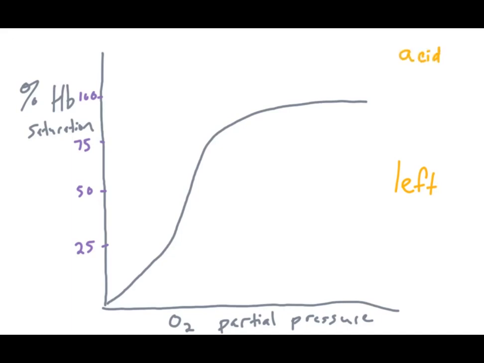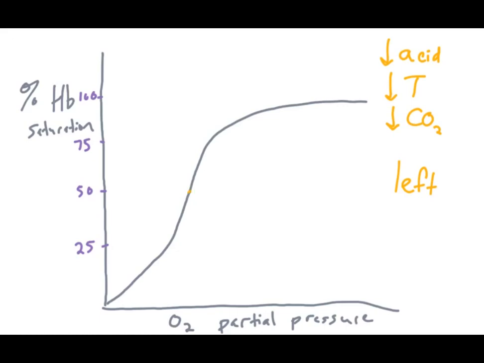So I had acid listed. So if acid goes down, if we become more alkaline, if temperature now falls, maybe a person is hypothermic, if CO2 levels drop. Those are all going to be situations where we actually see that the affinity for oxygen increases.